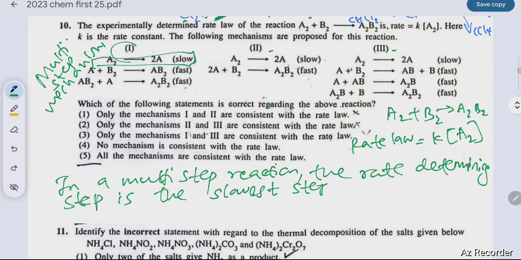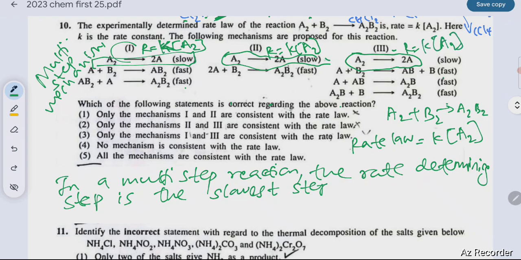If we write the rate law for this, we get R equals K1[A2]. If I take it as K, then rate equals K[A2] again. Why? Because this is the slower step. Then here again the slow step is this one, so here also R equals K[A2].